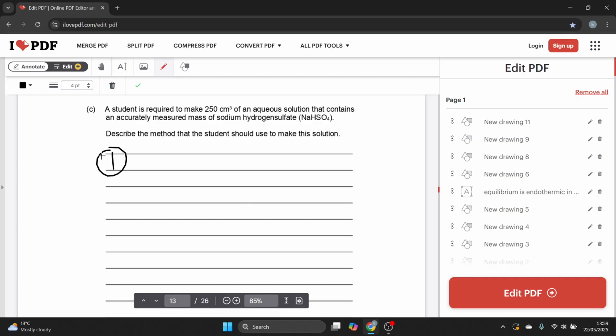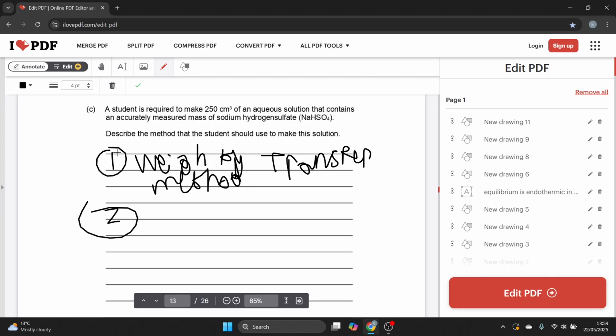I'm obviously going to write down everything you need to go through, but the way is by the weigh and transfer method, which you should know by now. So you find a precise mass of the solid. Then you dissolve it in water.